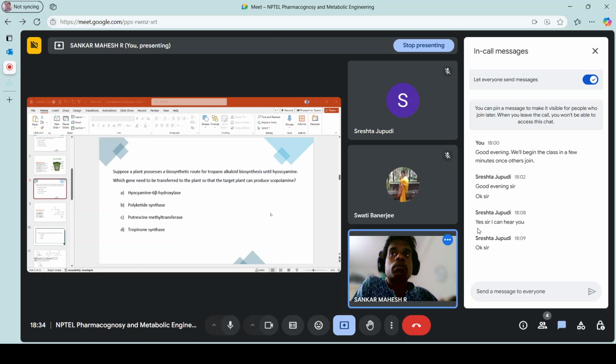The next question is: identify the drug obtained through acetylation of benzylisoquinoline alkaloid. Four different options are given here: morphine, codeine, heroin, and vanillin. This is a straightforward question if you know what benzylisoquinolines are.